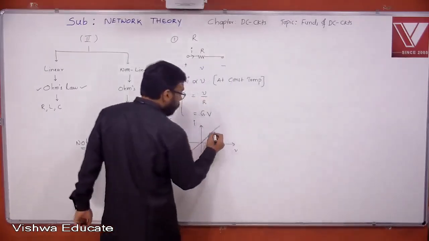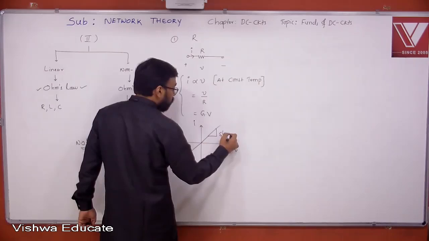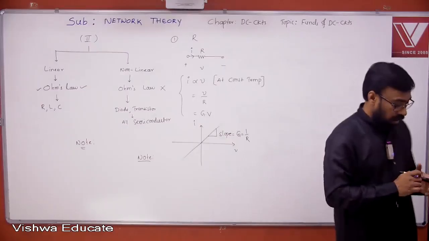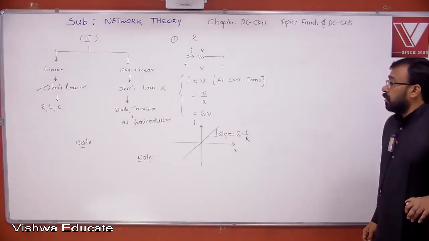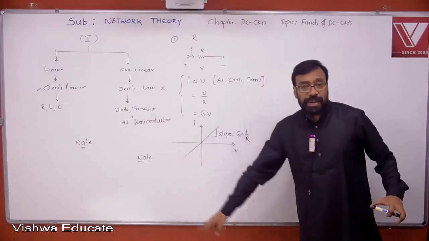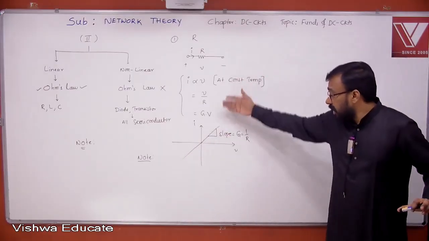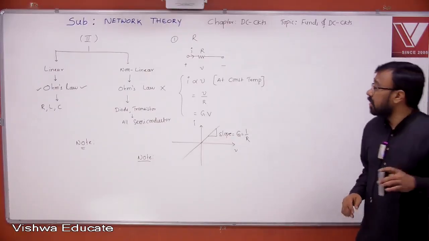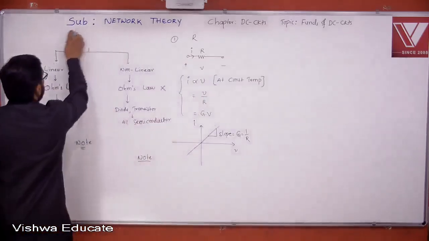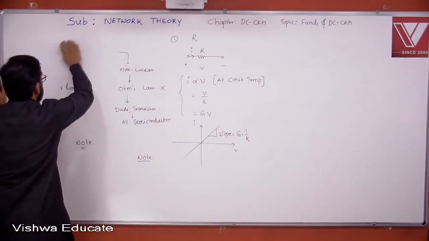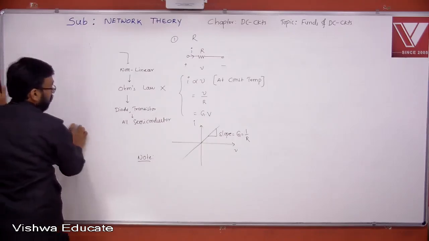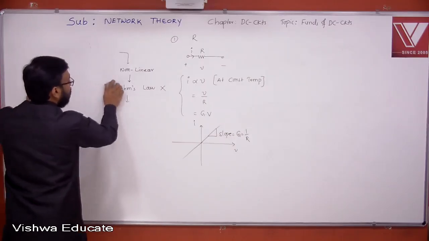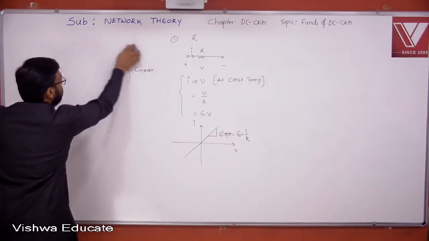And you see here the slope is G or 1 by R. Every passive element will have characteristics in both first and third quadrants.